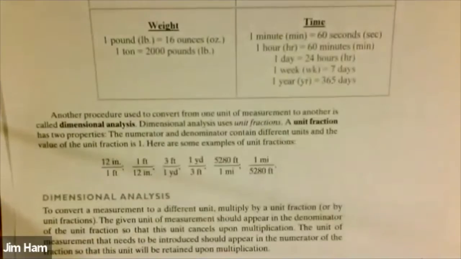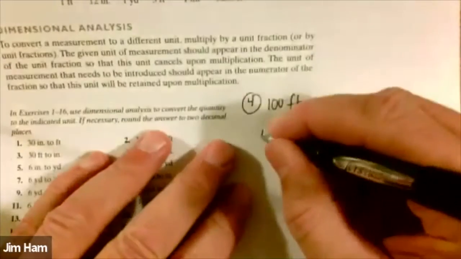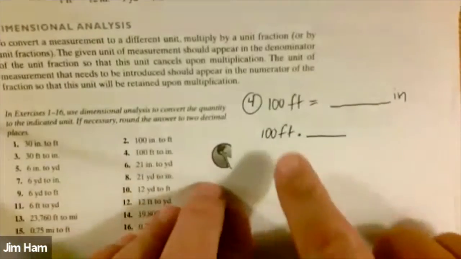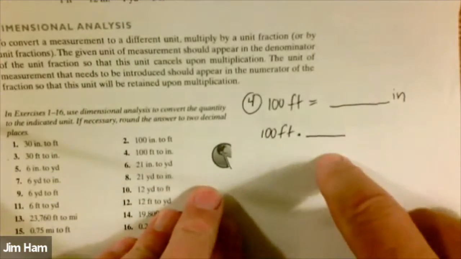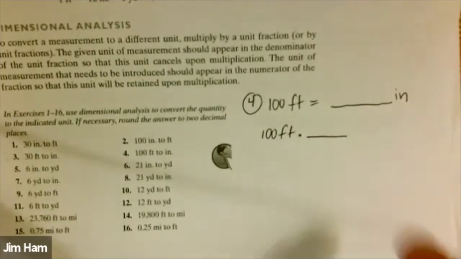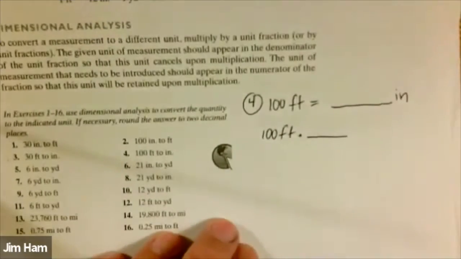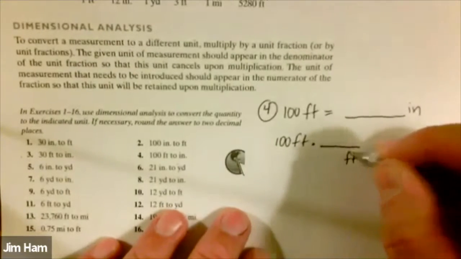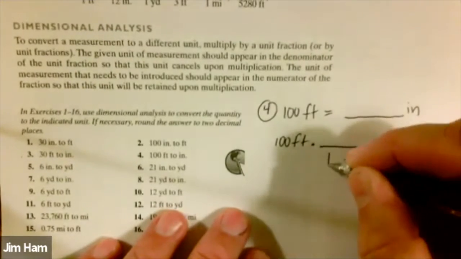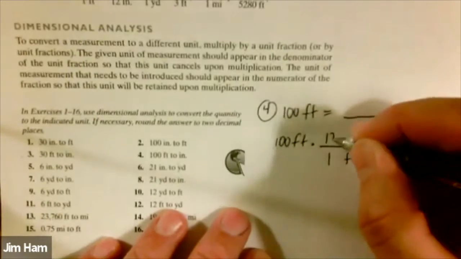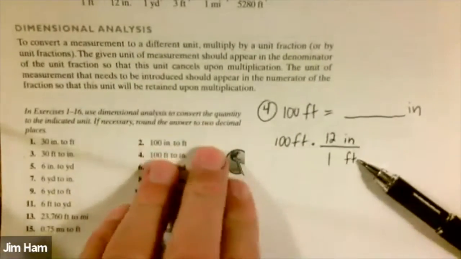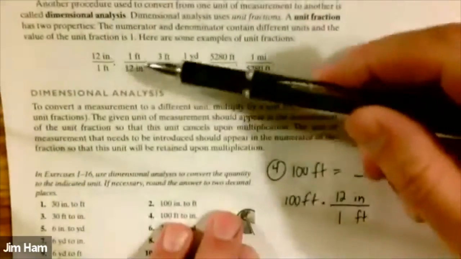We're going to multiply 100 by one of those unit fractions, because 100 feet times 1 is equal to 100 feet. We're going to choose the one that has feet in the bottom. So 1 foot is equal to 12 inches, and the fraction we're using is this one right here.